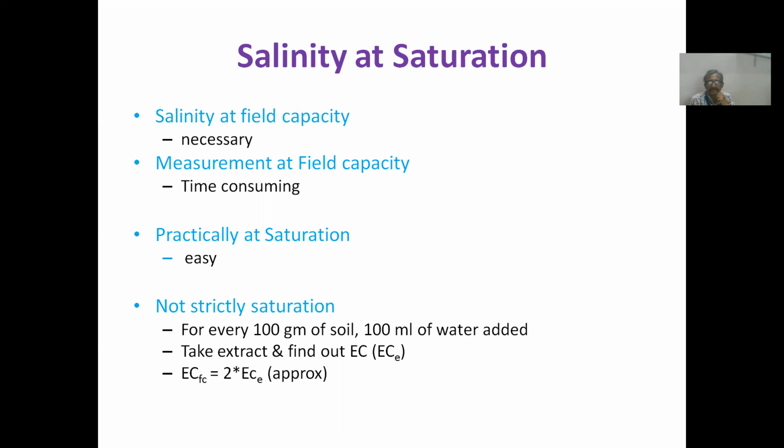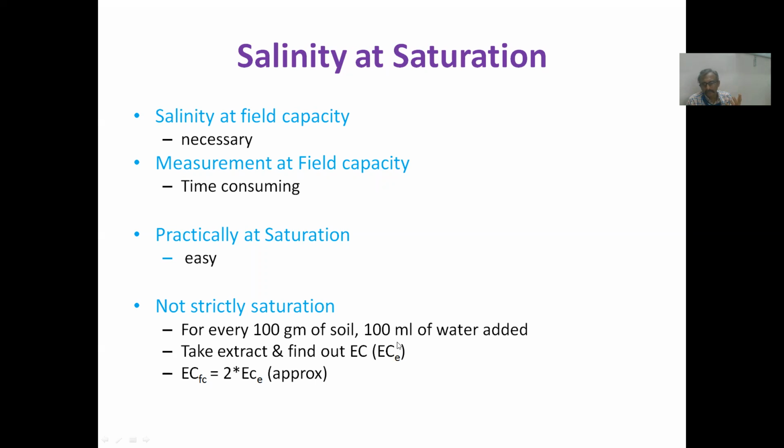So what is done is, whatever be the soil, for every 100 gram of soil, 100 ml of water is added, and all the salts in the soil are extracted. For that soil solution, electrical conductivity is found out, and that is called EC saturation extract, the electrical conductivity for the extract.